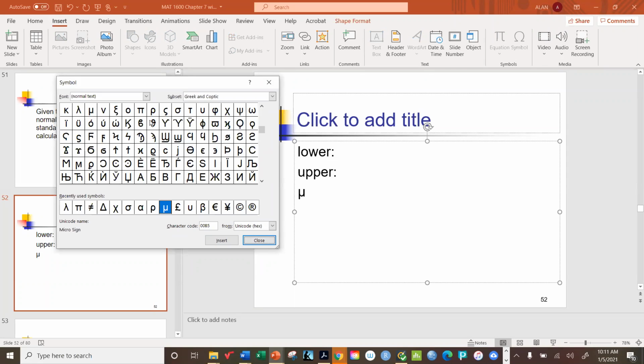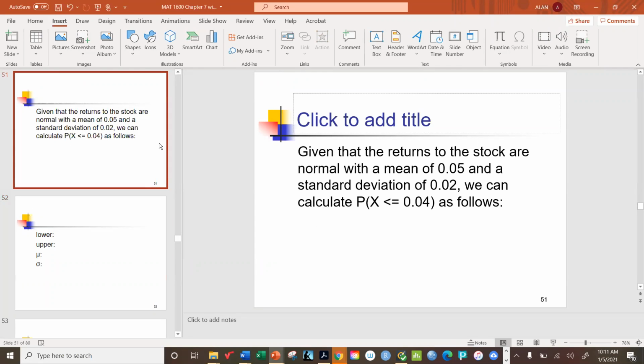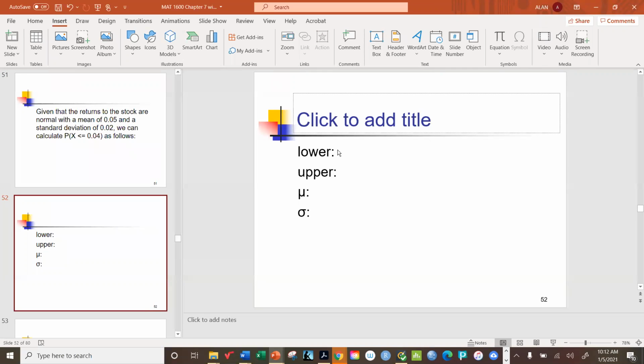And then we will also need the symbol for sigma. Okay, so here's what you would do. Now, again, remember that we're going down to negative infinity. Now, here, since returns to stocks can be negative, what we're going to do is put for our lower limit negative infinity. Now, there's just one problem here.